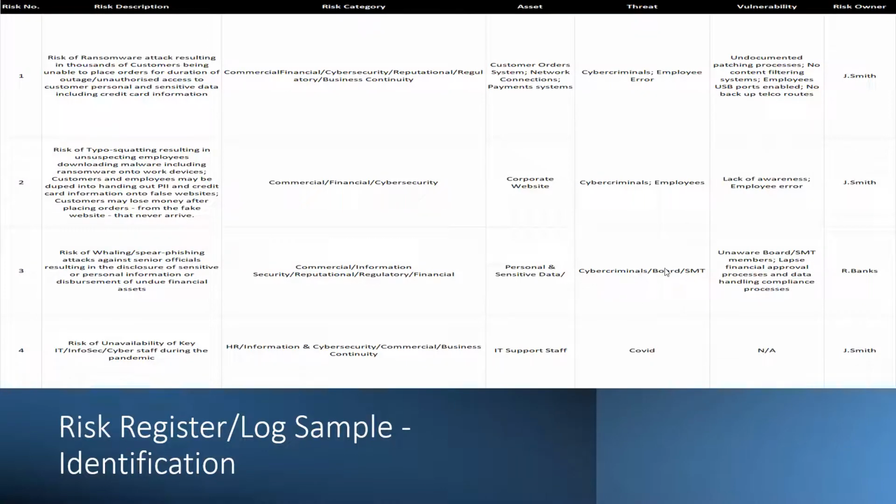And here are the threat actors. Here are the vulnerabilities here. Unaware board members and SMT members. Lapsed financial approval processes and data handling compliance processes. In that company where the CIO and CEO managed to hand out 60 million to cyber criminals, if there was a good financial approval process in place, that wouldn't have happened.